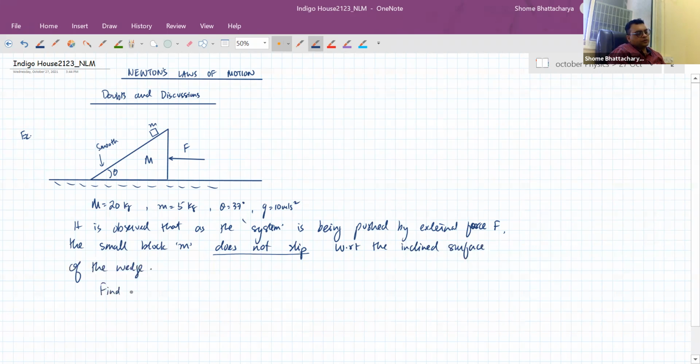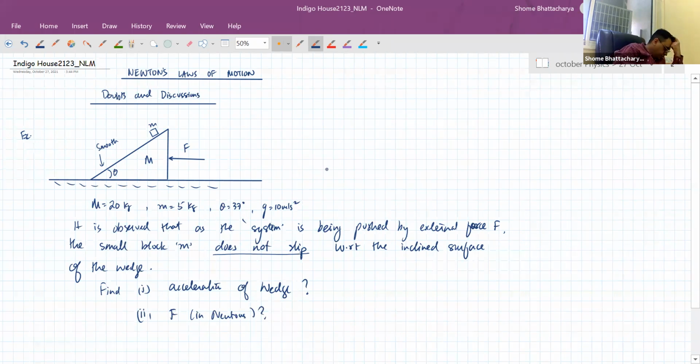So we want to find out first of all the acceleration of the wedge and the force F in newtons. How much force we are applying externally to make this happen.